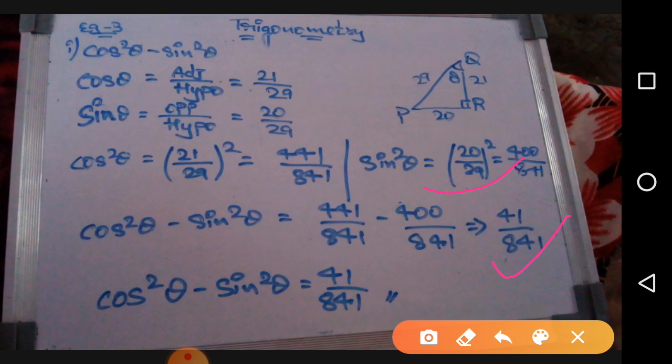In the given example you'll find a negative term, so no, it is not 400 minus 441, it is 441 minus 400, because cos theta is nothing but 21 by 29. So please correct it in your textbooks if you are following them.